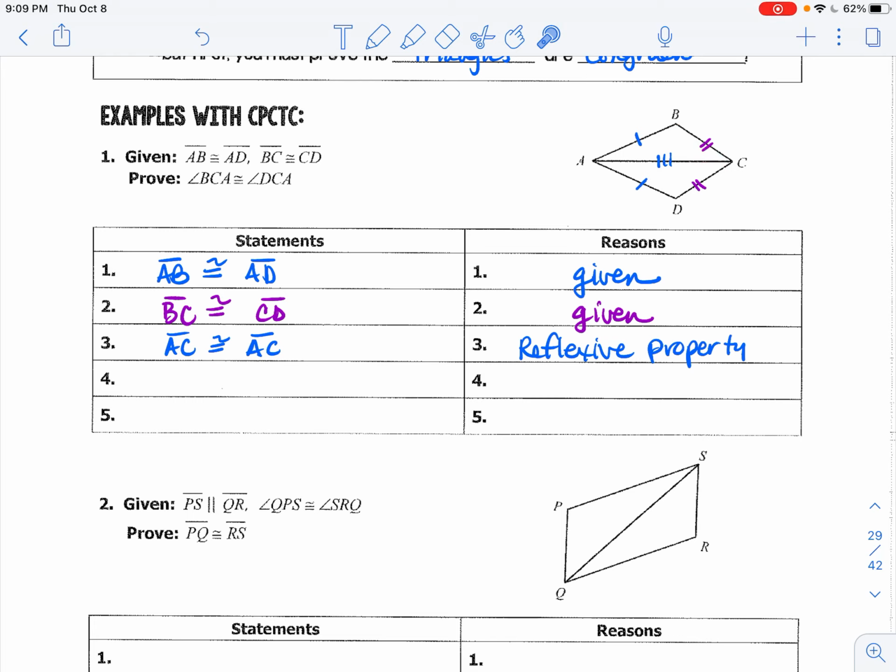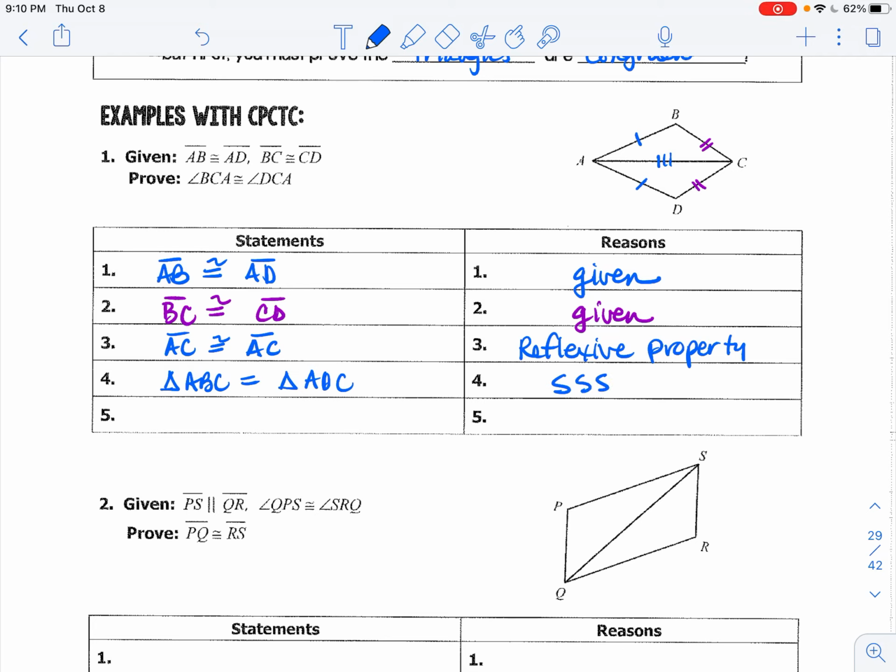Alright, so now what do we see? We've got 3 sides of one triangle congruent to 3 sides of another triangle. So we can say that triangle ABC is congruent to triangle ADC, and this is by side, side, side.